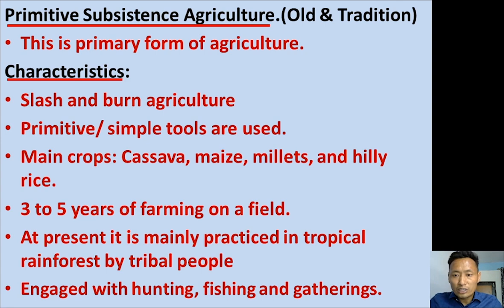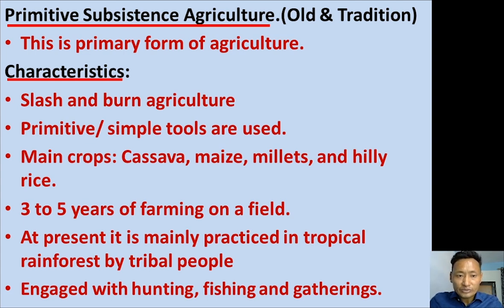Usually, if we talk about the tropical regions, we have thick dense forests. Because of that, nowadays still some people are practicing this old type of agriculture, called primitive, slash and burn, or shifting agriculture, mostly the tribal communities.